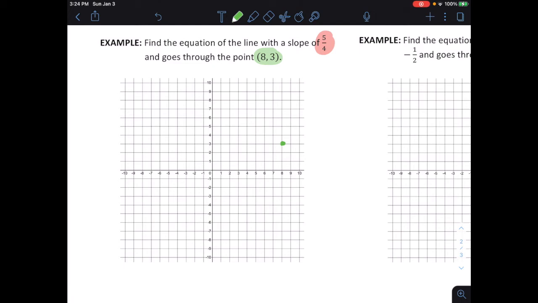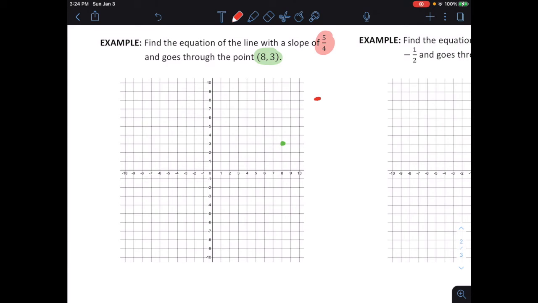So that means I'm going to go up 5 over 4. Well, if I try to go up 5 and over 4, I'm going to go up 5 and then over 4. I'm going to be off the graph over here. And I don't really want to be off the graph. And I'm going the wrong direction, really, because what I want is I want to be able to go the other direction so I can find out where my line actually crosses the y-axis.